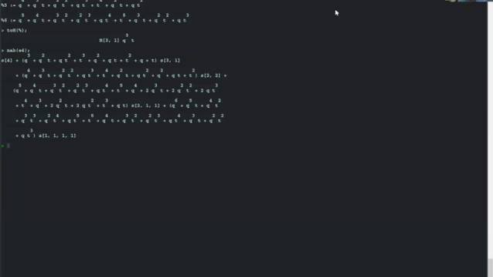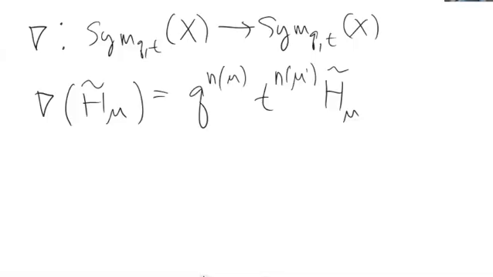Now, the formula is, instead of applying this to e_k, I'm going to apply it to a symmetric function in 2n variables.